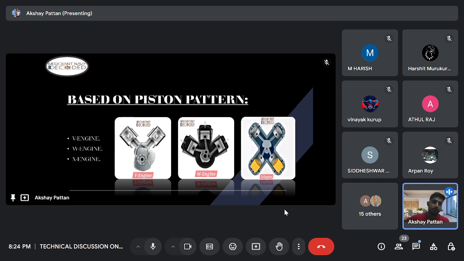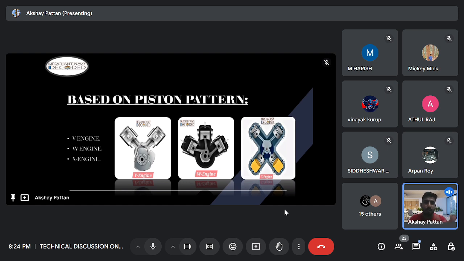Have you seen Royal Enfield Classic 350 or Interceptor? There are many other super bikes nowadays using V twin engine. Earlier also they were using V twin engine only.